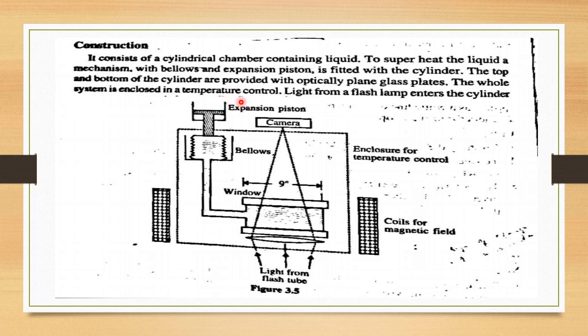The whole system is enclosed in a temperature control. Light from a flashlight enters the cylinder. This is the light flash tube, and here you can see a camera, and also coils for magnetic field are provided on two sides of the enclosure.